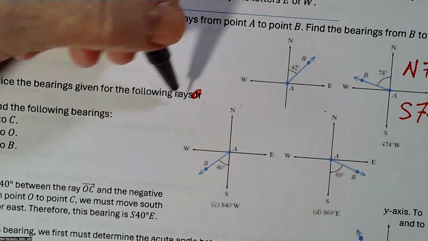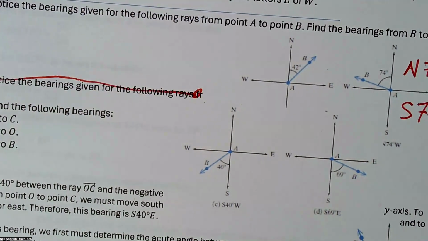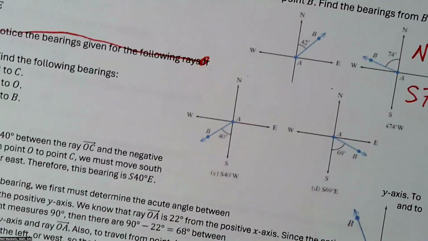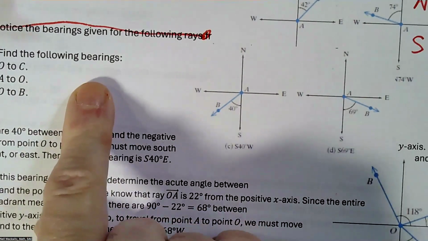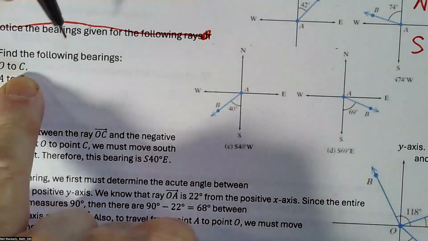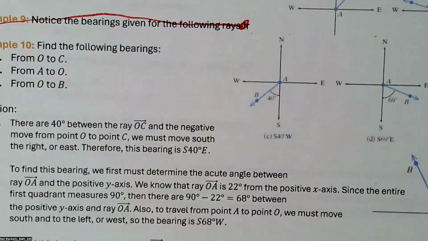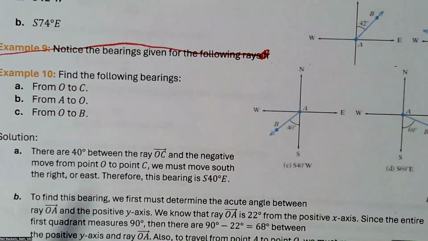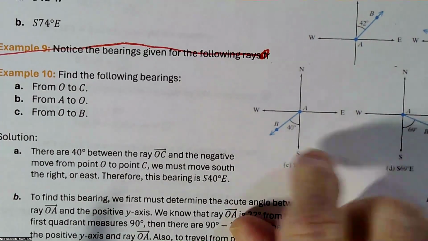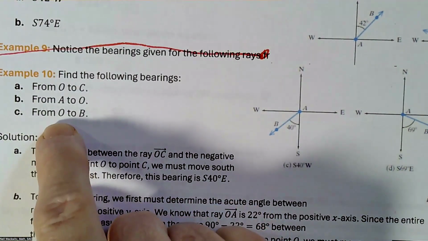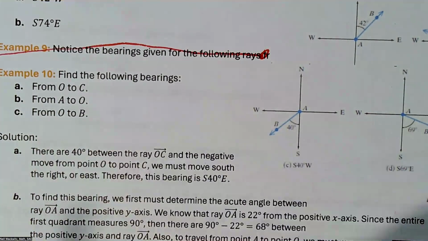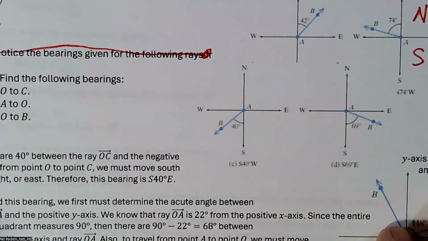And I think I just deleted that whole question. I don't know why it was there. Okay, so we want to find the following bearings. We want to find O to C, A to O, and O to B. And it's not 0, it's the origin, I guess.